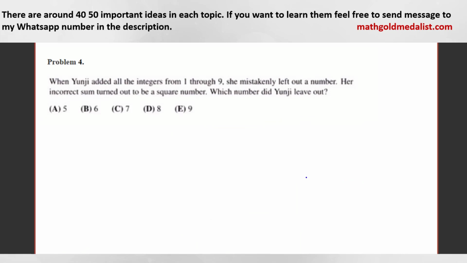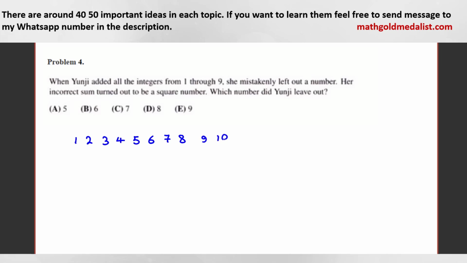Next one, problem 4. It says when we have all integers added 1 through 9, then one number is left. Her incorrect sum turned out to be a square number. Which number did Yunji leave out? So it means that 1, 2, 3, 4, 5, 6, 7, 8, 9.